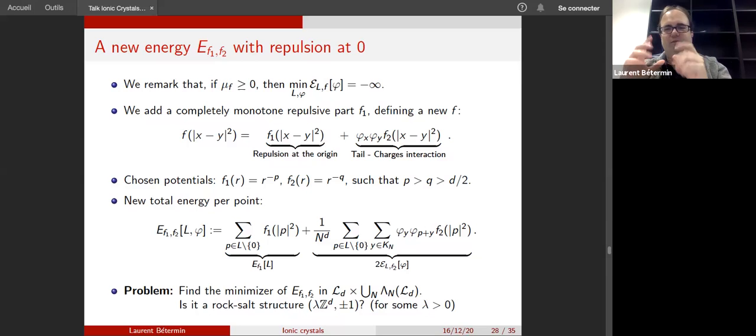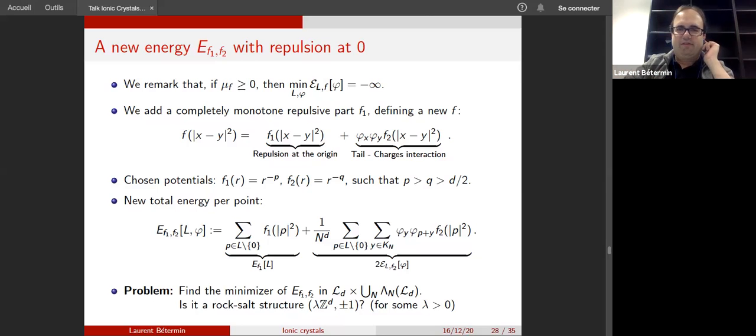This charge interactions. So physically, what you want to do is you want to add repulsion at 0. Because if you add a repulsion at 0, that will not allow your particles to be too close to each other, and then you will have a problem that will be very well defined. Okay, so that's what we do here.